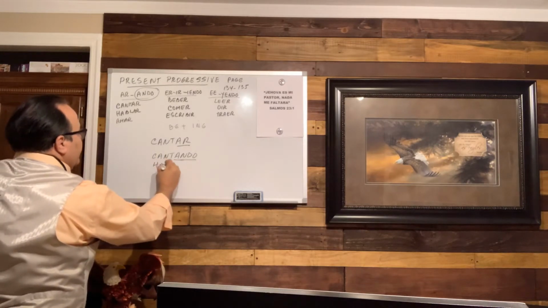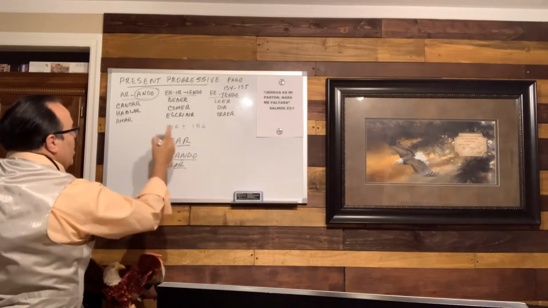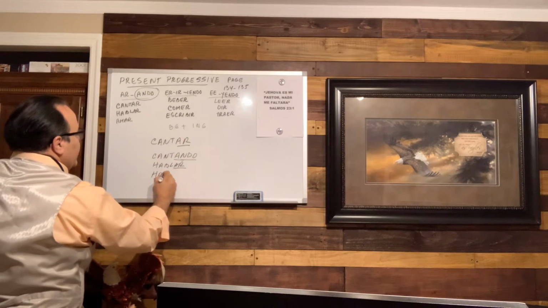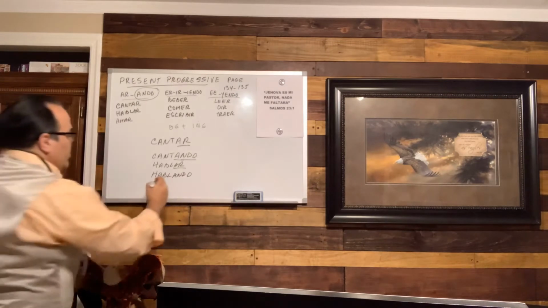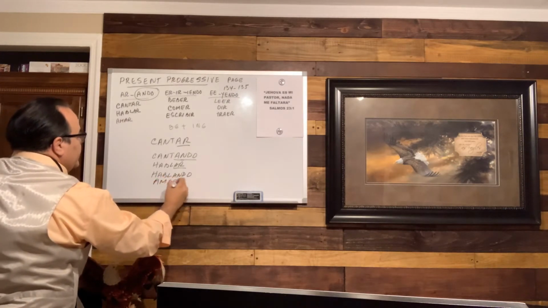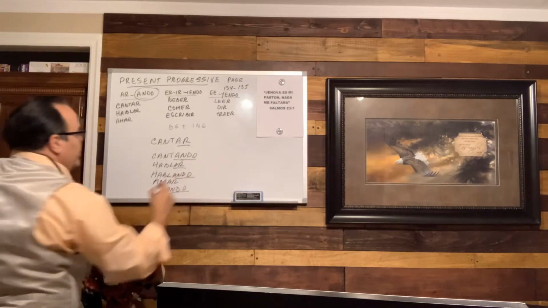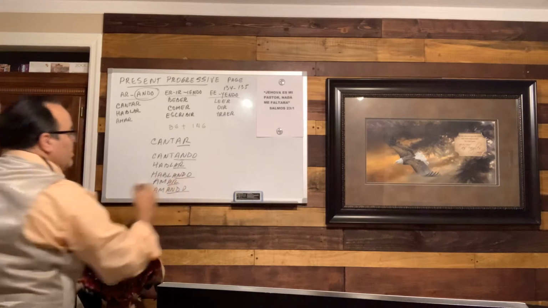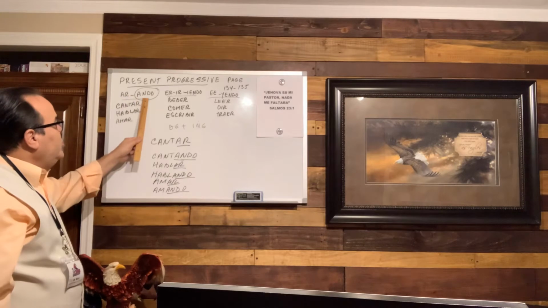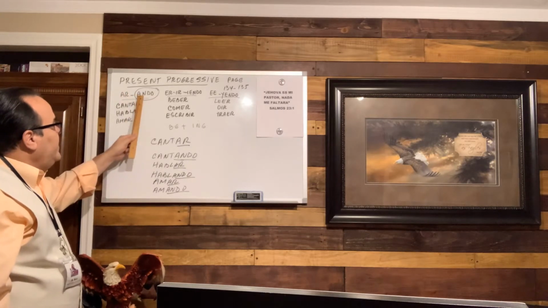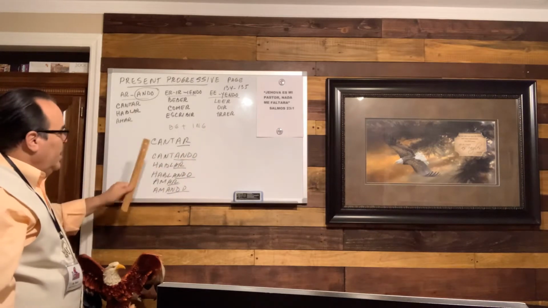Exactly the same as hablar. Hablar is to talk, to speak. How do we do the ing ending? Hablando. And how do we do amar? That's another AR ending. Amando. So like you see here, in the AR ending, we take out the AR and then we add ando, and it converts to the ing form in English.